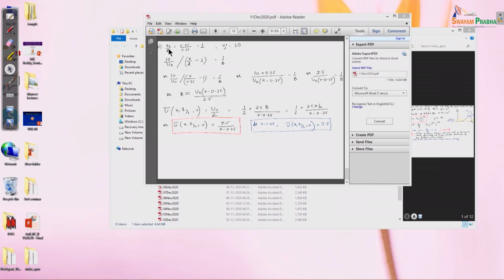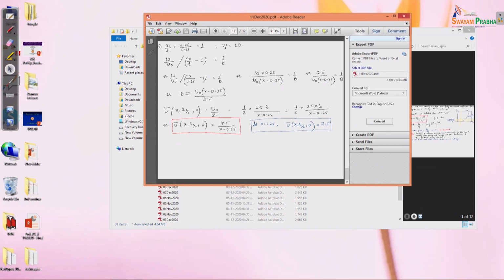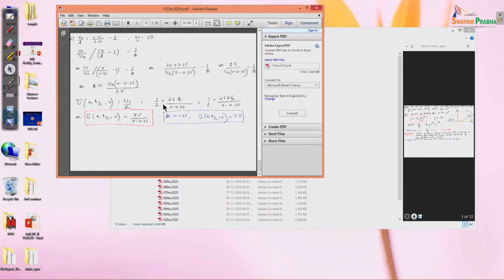Each jet has its own property, and we are looking at the mean velocity at x location 1.25 at the jet half width and see what we get.